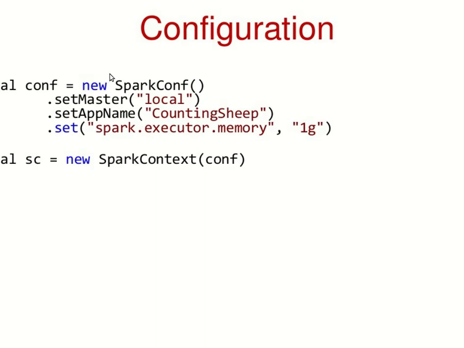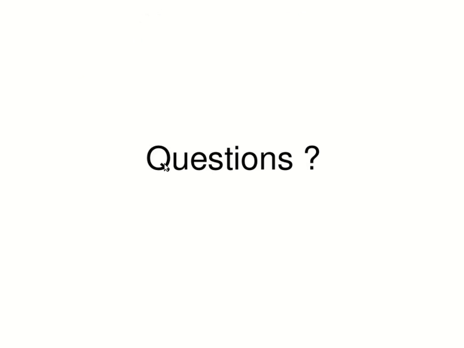And as you have seen previously, we had a new SparkConf, which is the few simple lines that you need in order to instantiate Spark in your code. So you create a SparkConf, and you can give it some parameters, such as the executor memory, and you create a new SparkContext, and you have the Spark context.